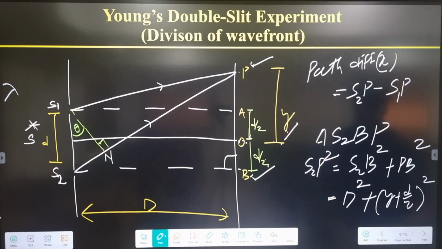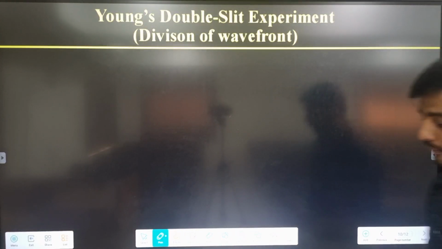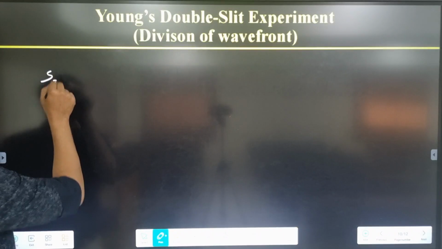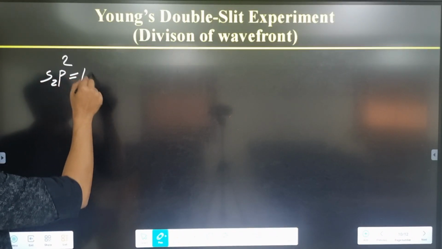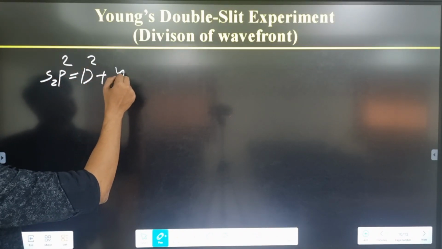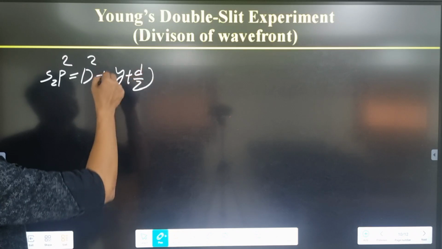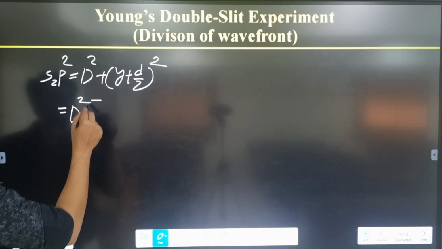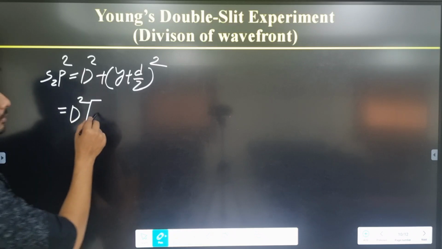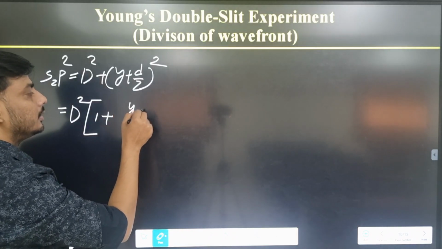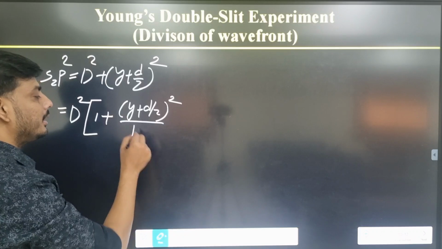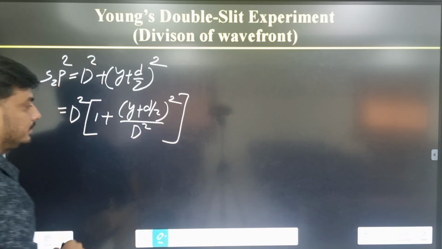Now we have to rearrange it. So we get S2P square equals capital D square plus (Y plus D by 2) whole square. If we take D square common, this will be D square times 1 plus (Y plus D by 2) whole square divided by capital D square.